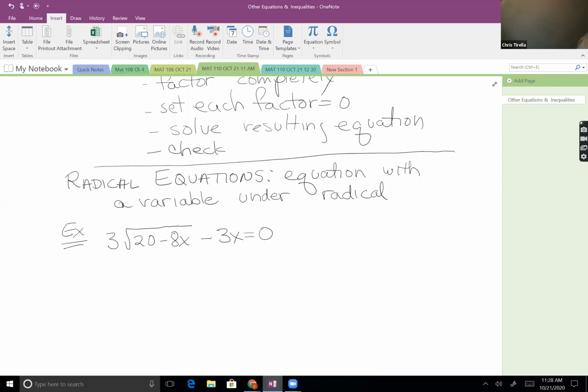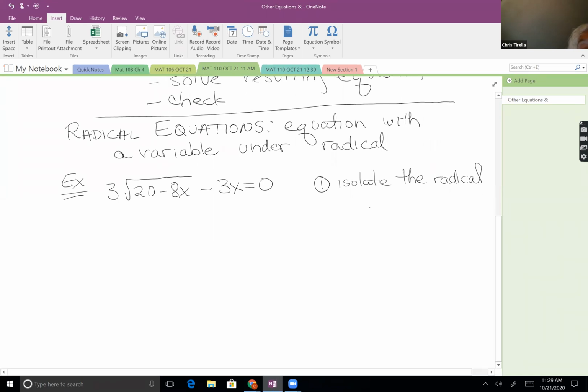In order to solve an equation that looks like this, the first thing that we want to do is isolate the radical. We want to get the square root all alone on one side of the equation. So we're going to have the square root all alone and everything else over on the other side.